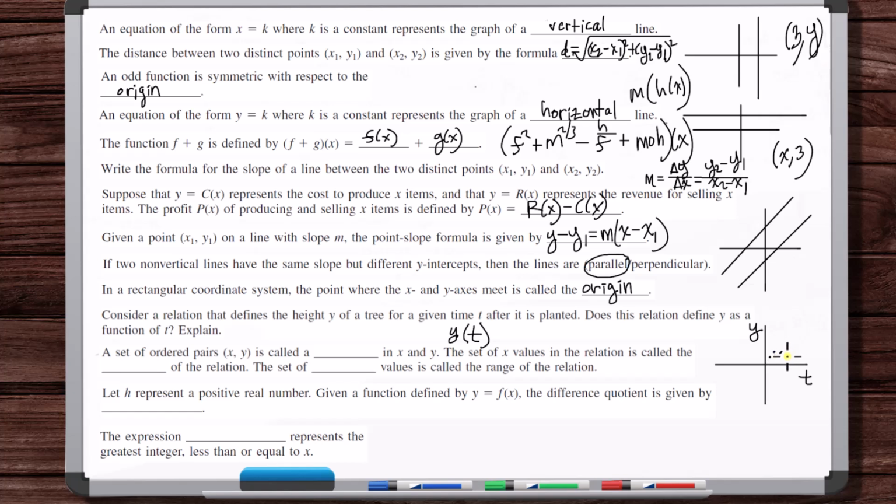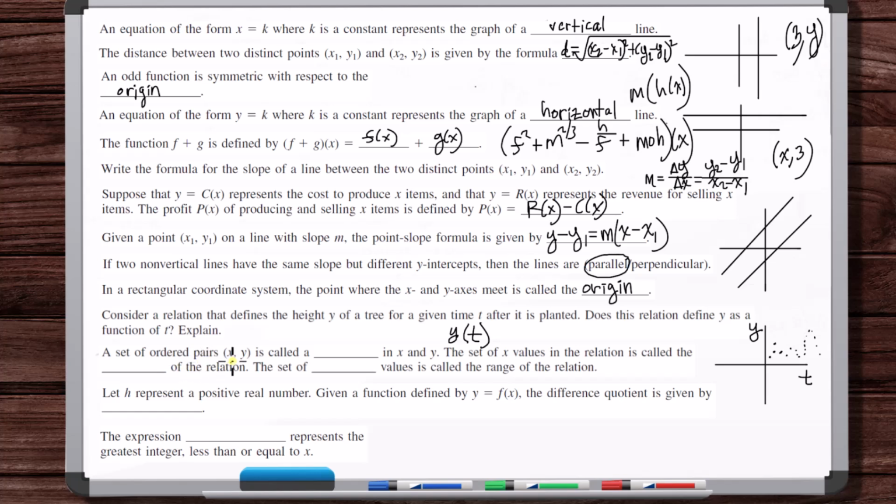Even if it shrunk, it would still be a function. So yeah, this is going to be a function. The only way it wouldn't be, how could you possibly have 2 heights at the same time? You can't. So this is a function, even if the tree would shrink.